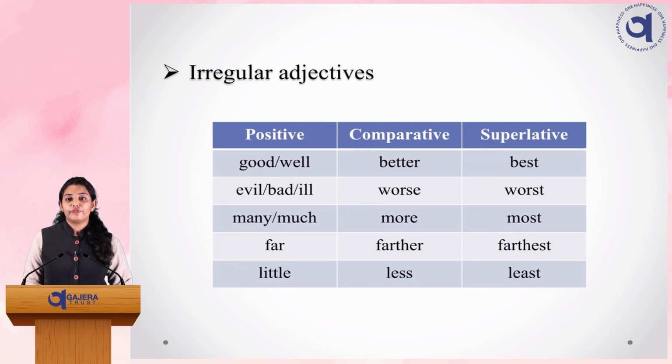Its comparative form is worse, superlative form is worst. Then many or much, so its comparative form is more and superlative form is most. Then far, farther, farthest, little, less, least. So here there are some irregular adjectives, students, okay, that are used very rarely.